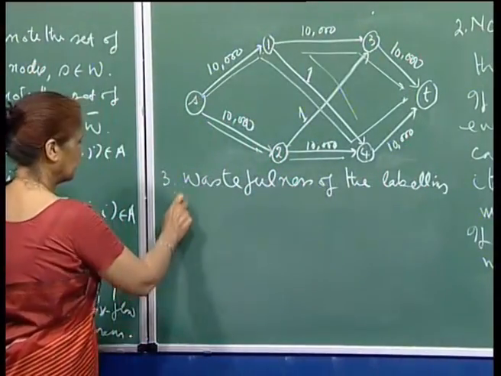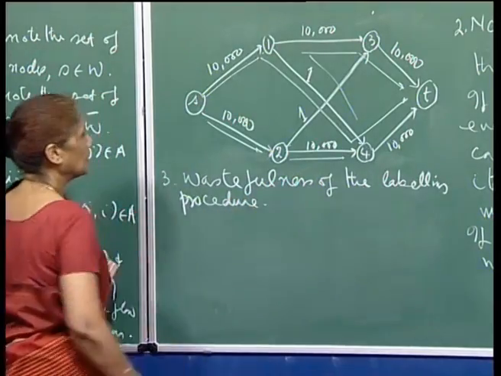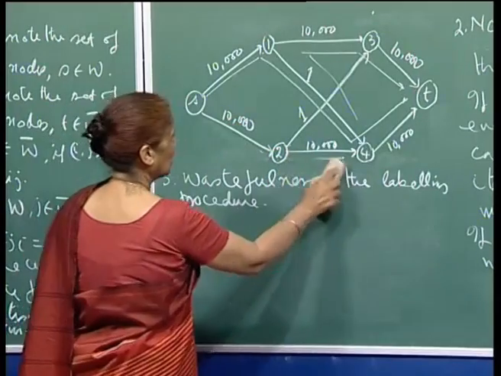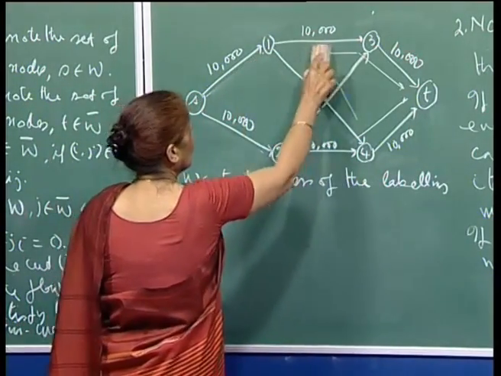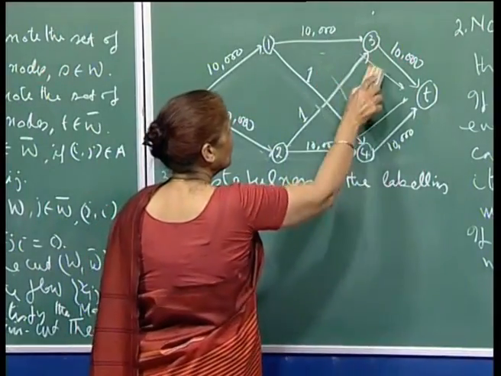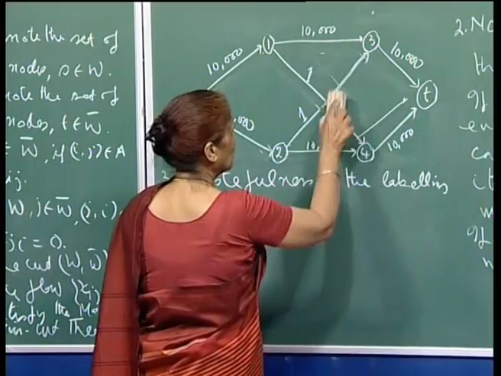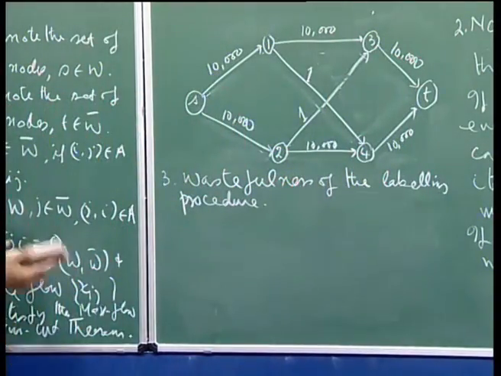See, maybe I can just repeat this here again. What we are saying is that the algorithm says that once you have found an augmenting path, you can just begin again afresh and drop all the labels.